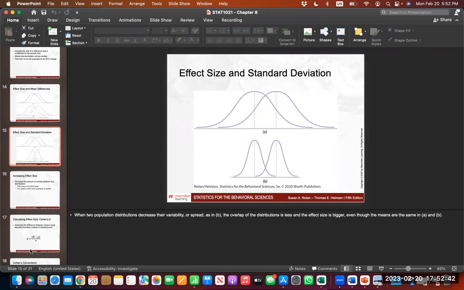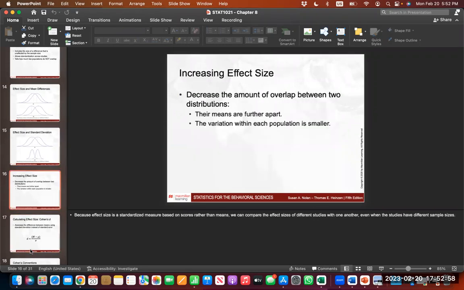So variability plays a major role in hypothesis testing, and dividing by the standard deviation rather than the standard error of the mean takes this out of the equation and puts the emphasis back on the difference. Cohen's D is a way to do that. It keeps the focus on the difference rather than on the sample size.